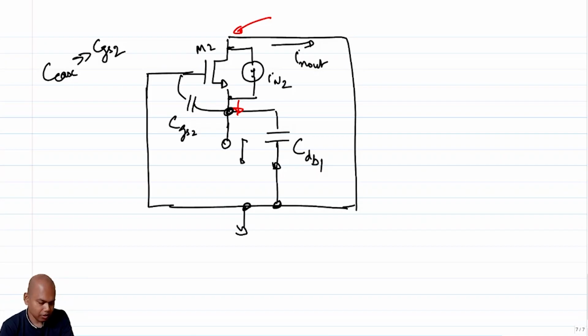This current is IN2 that is going into the terminal, and it has two ways to go. It can either go up into M2, or go down. Since it has both paths to go, it will go both ways, but in a certain proportion. And what is the proportion? The proportion is basically the ratio of conductances.